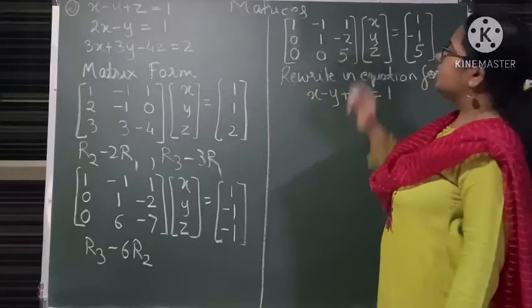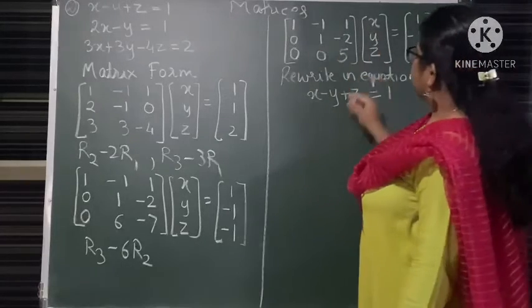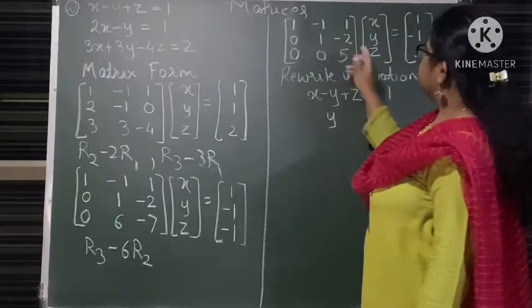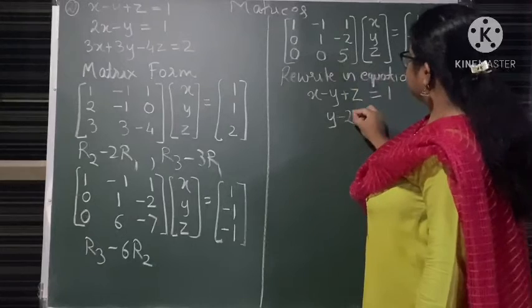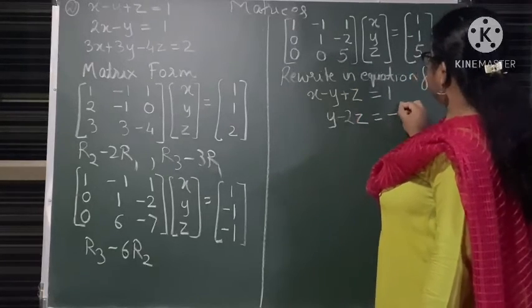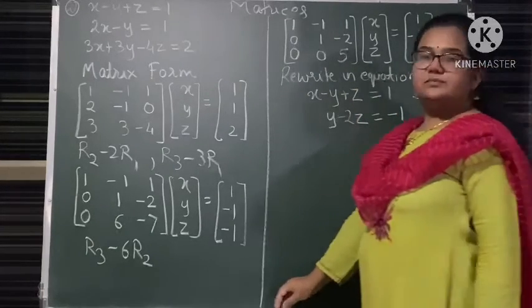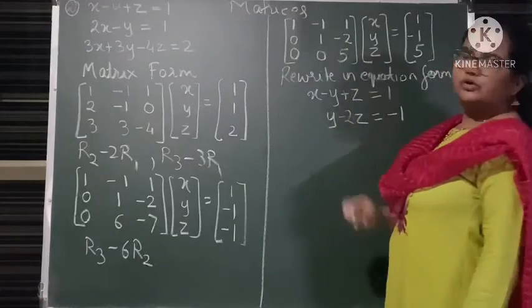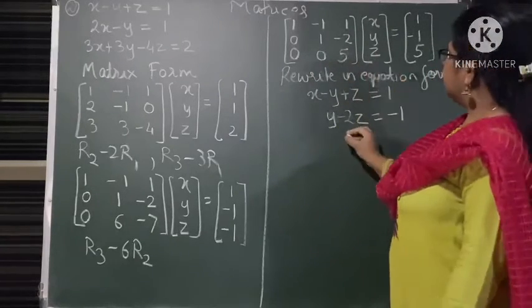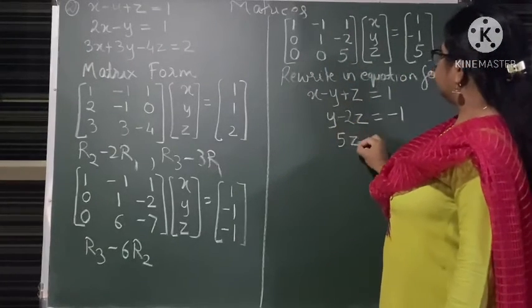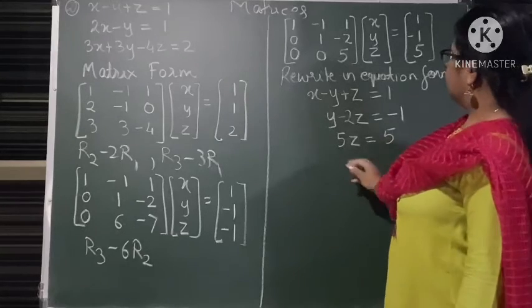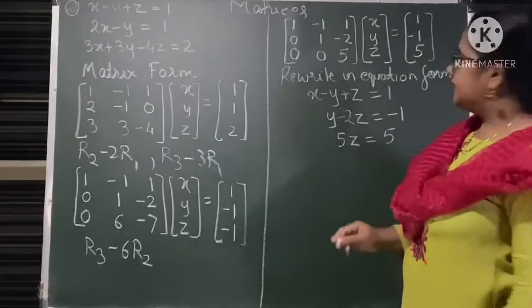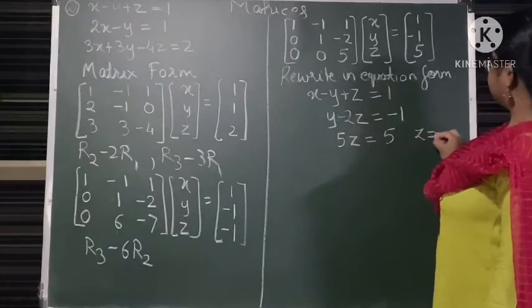Then 0 into x is 0, 1 into y is y, minus 2 into z is minus 2z, and it is equal to minus 1. And third equation: 0 into x is 0, 0 into y is 0, and 5 into z is 5z, equal to 5. So from here what do you get? z is equal to 1.